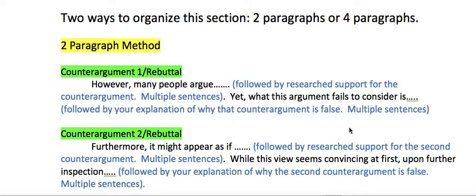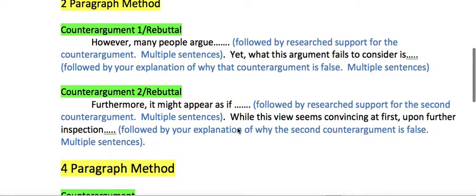Using this would create a good solid paragraph. If you see that paragraph is starting to really balloon into half a page length or more, then you really need to start thinking about breaking these two pieces into individual paragraphs.